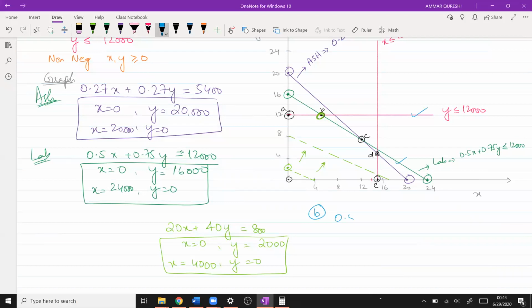So the labor equation is 0.5 of X plus 0.75 of Y equals 12,000. And the second one is Y equals 12,000, because we plotted this line at 12,000, right?